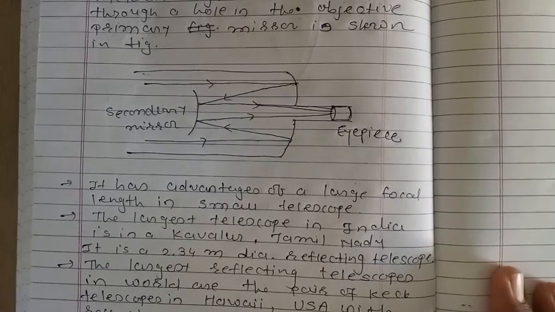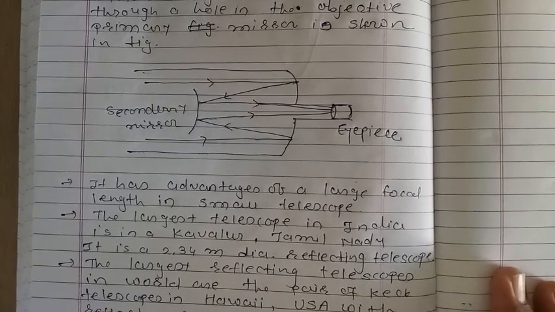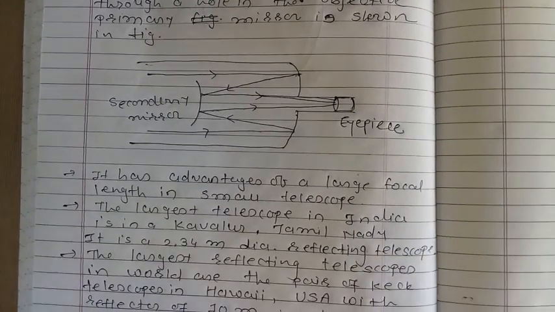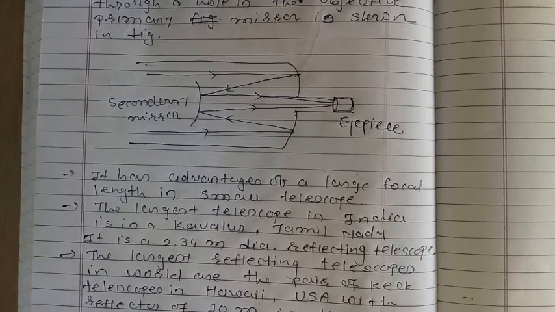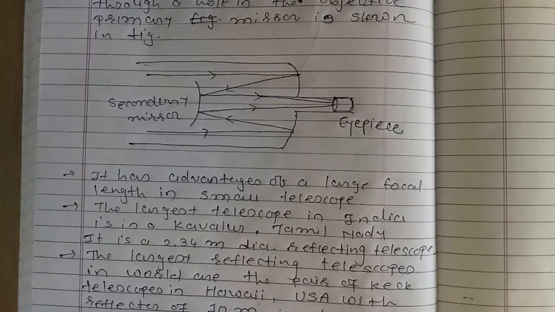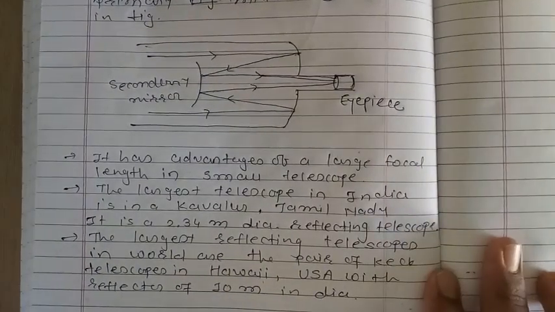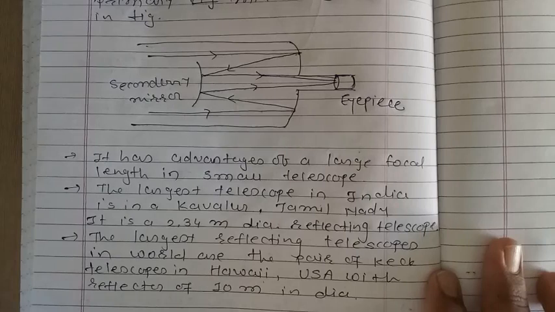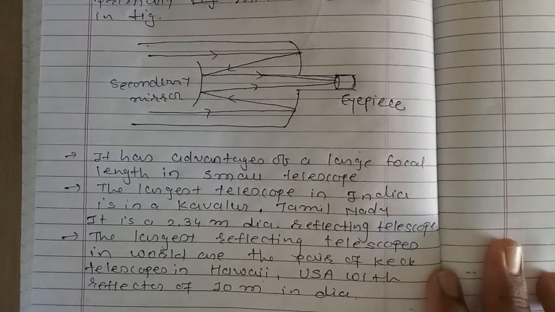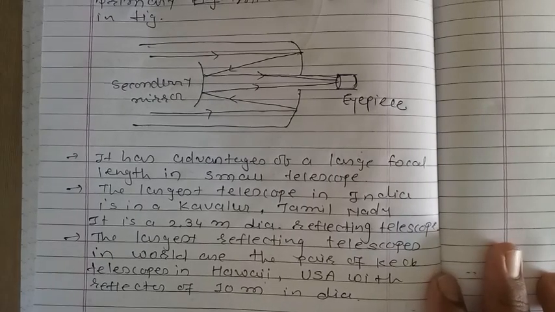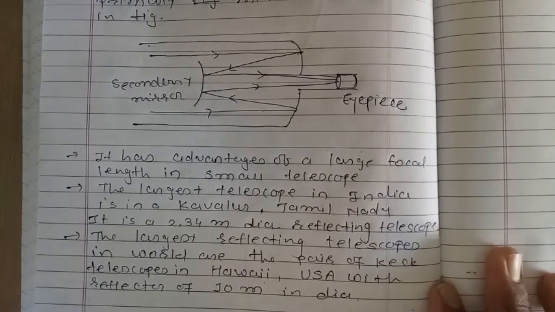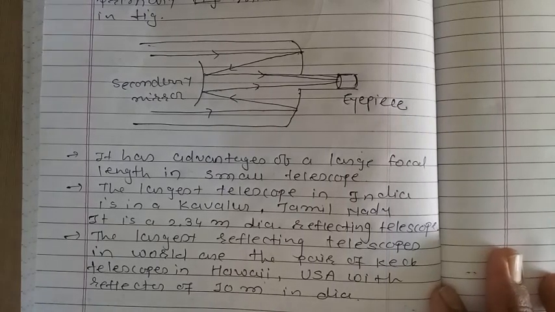The largest reflecting telescope in the world are the pair of Keck telescopes in Hawaii, USA, with the reflector of 10 meter in diameter. Right. So the largest telescope in India is in Kavalur, Tamil Nadu, having 2.34 meter diameter, and the largest reflecting telescope in the world in USA, in Hawaii, having a reflector of 10 meter.